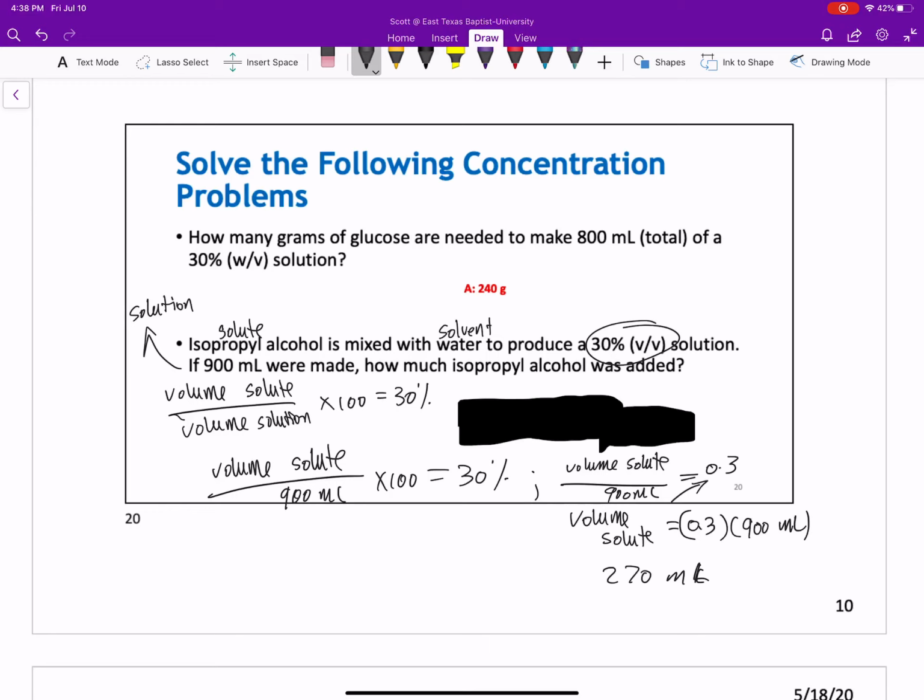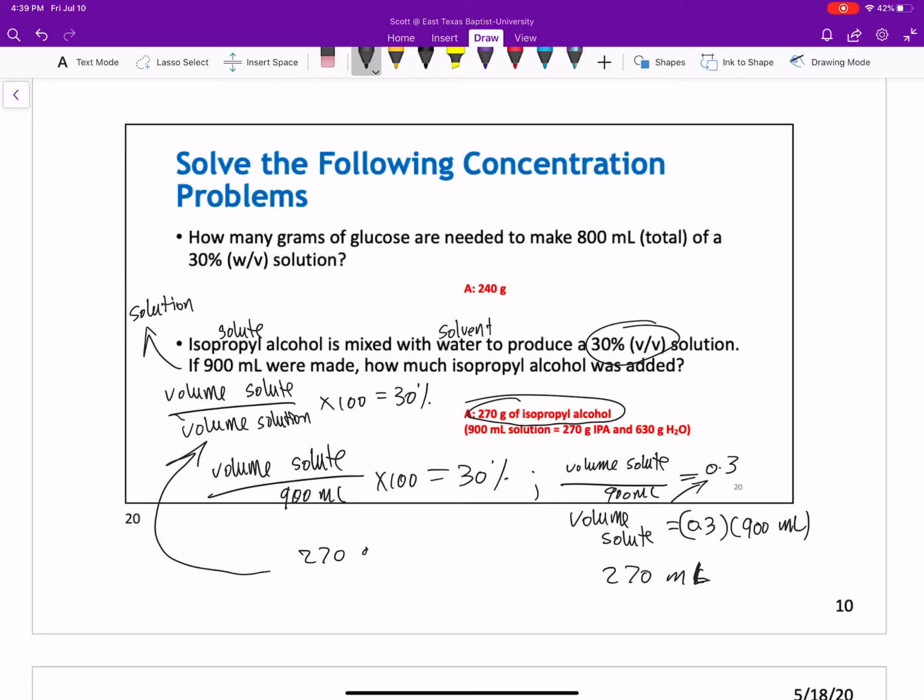Now keep in mind, had this read 900 liters right here, then this unit would have been liters. But I just matched the unit that was already given to me. Okay, and so that's exactly what we have, 270 grams of isopropyl alcohol. And if you actually wanted to figure out the constituents of that solution, we figured out that it was 270 grams of isopropyl alcohol.